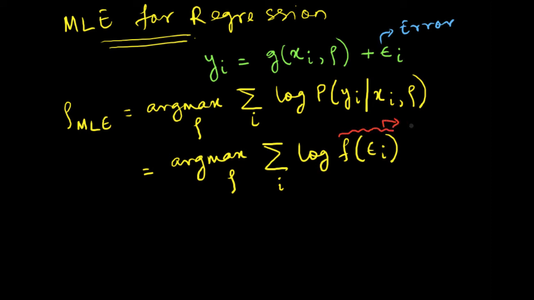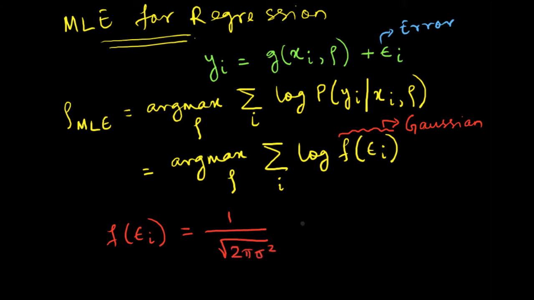So this is a Gaussian. What does that mean? What that means is that this expression f of epsilon i is given by 1 by root over 2 pi sigma square into e power minus epsilon i square by 2 sigma square.